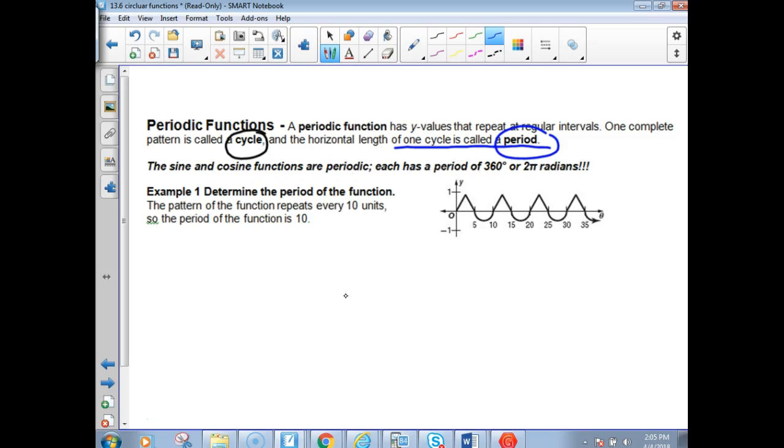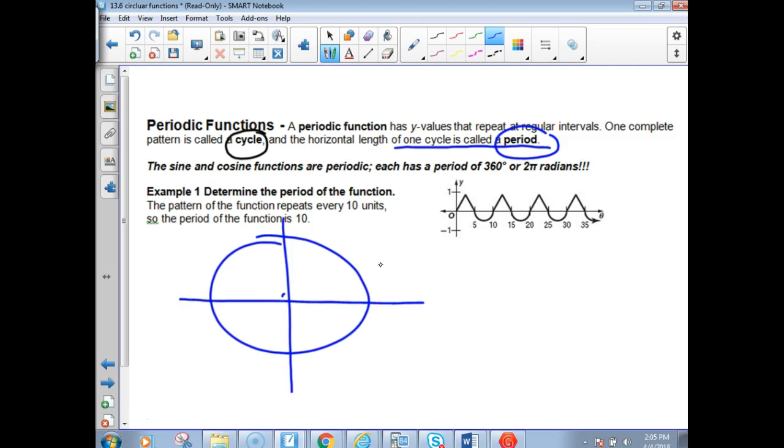So think about our unit circle. You know how you got all those answers that repeat within the unit circle? For a reference of 30, the cosine of 30 is square root of 3 over 2 and the sine of 30 is 1/2. In this quadrant, it's the negative square root of 3 over 2 and 1/2.